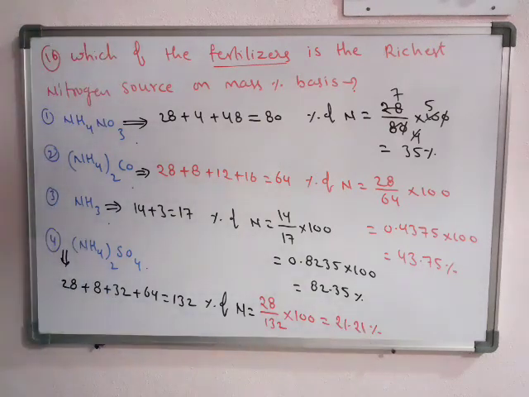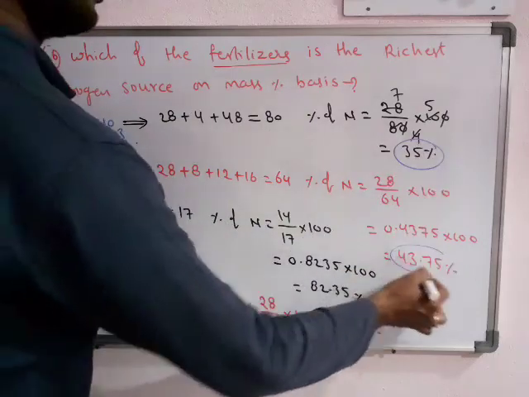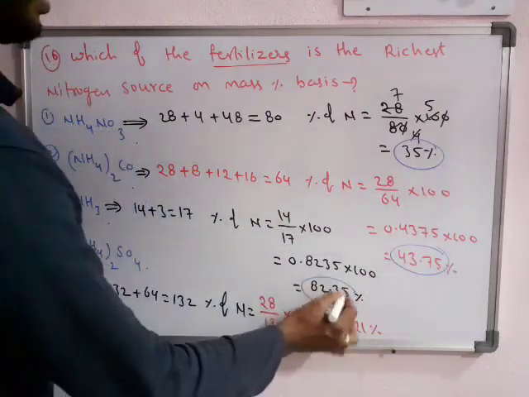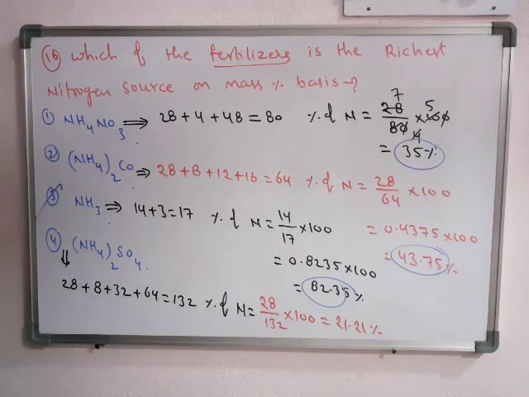The highest percentage: first we got 35%, then 43%, then 82%. This is the highest, so the third is the option. In ammonia there is nearly 82.5 percent nitrogen.